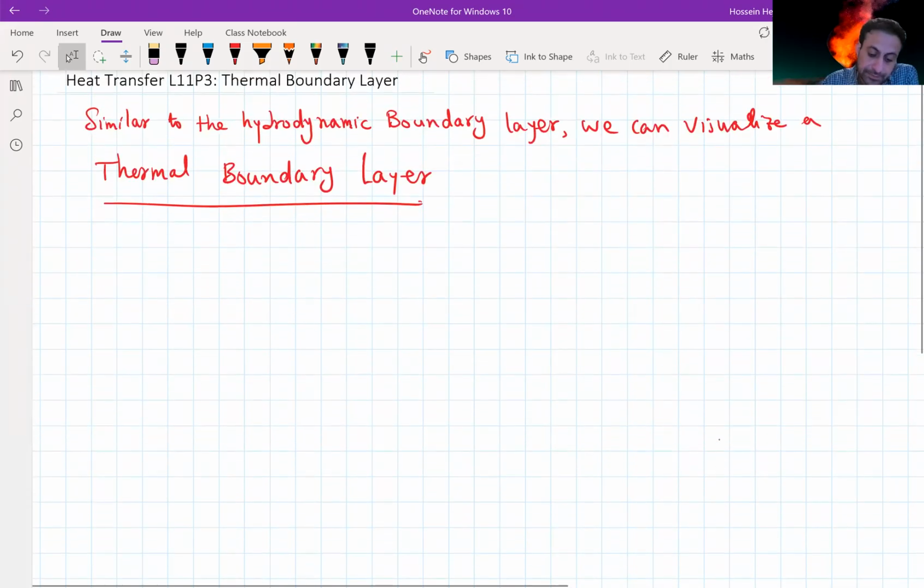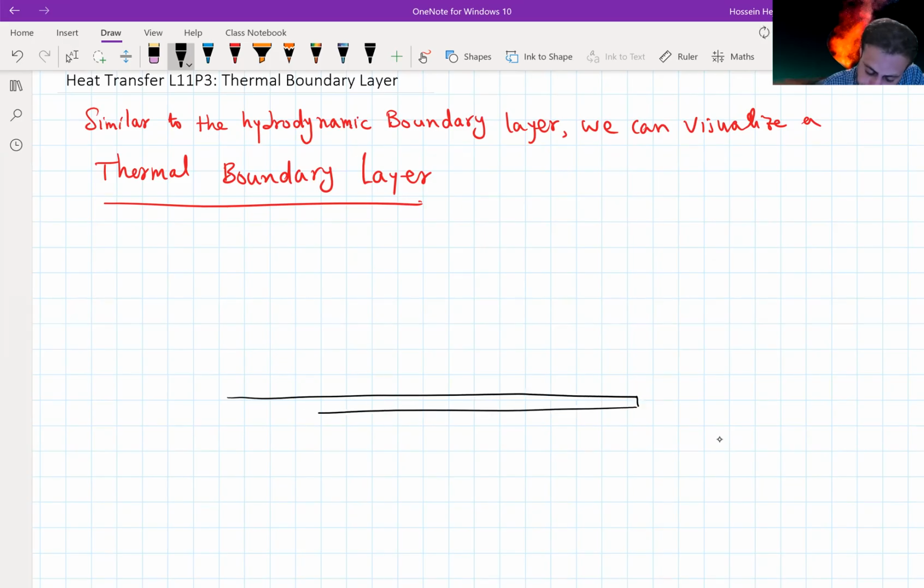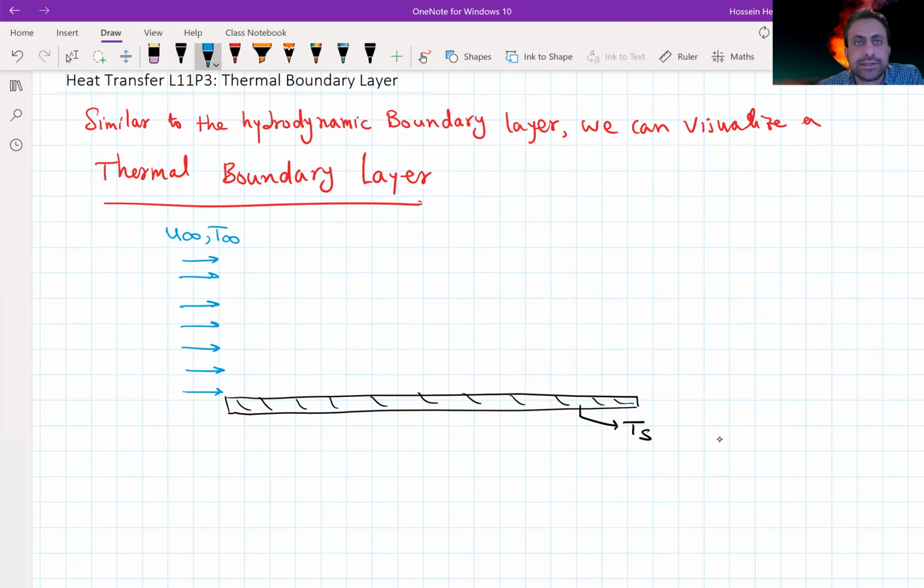Imagine that we have a flat plate across which heat is transferred from the plate to the fluid or from the fluid to the plate. So I have this flat plate originally at temperature of Ts, and we have the flow over this surface with the U infinity at the temperature T infinity, which is different than Ts.